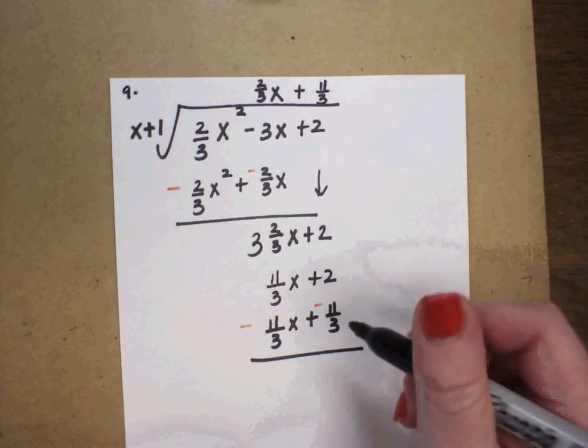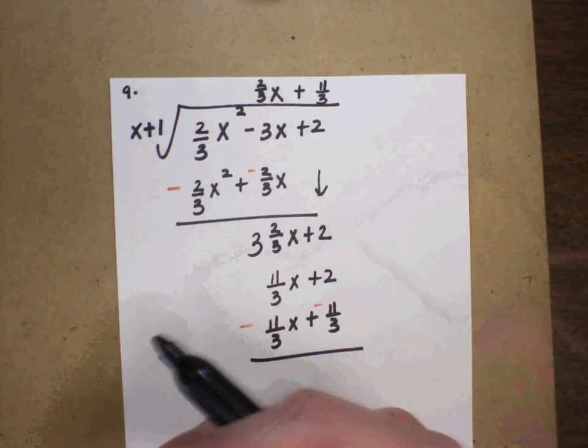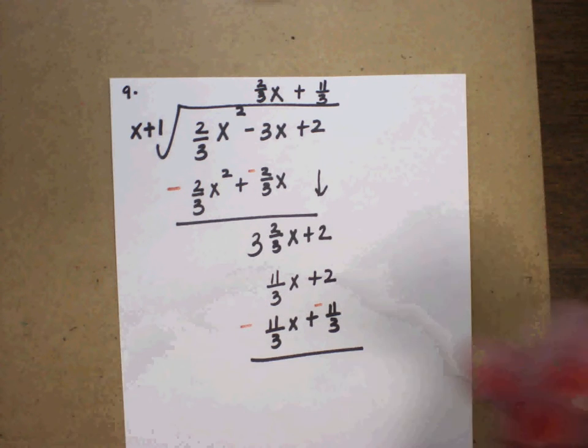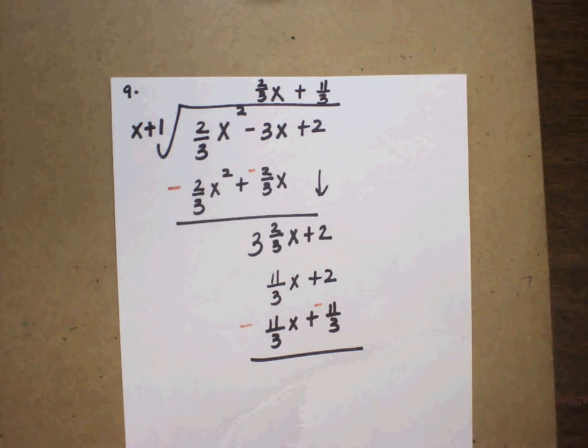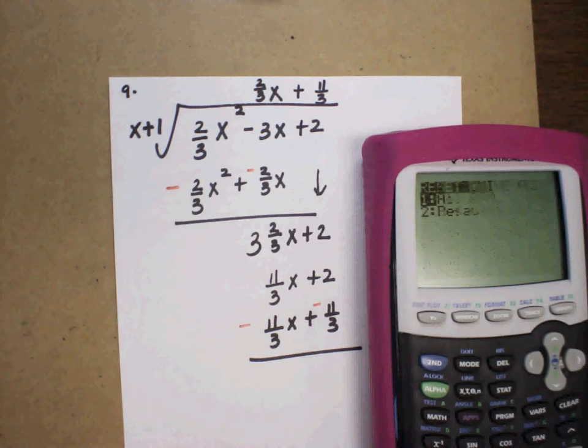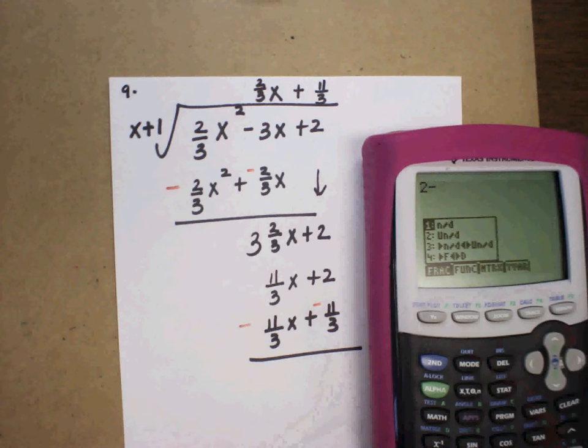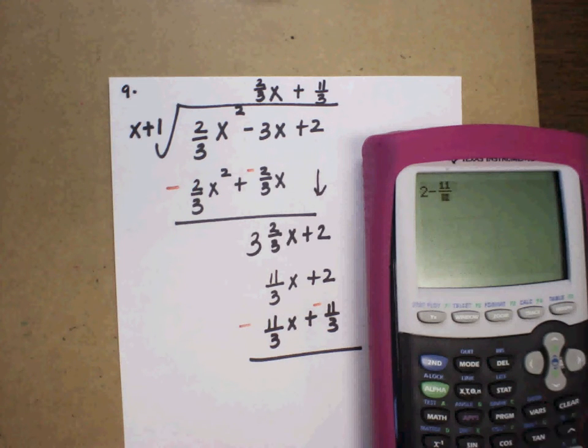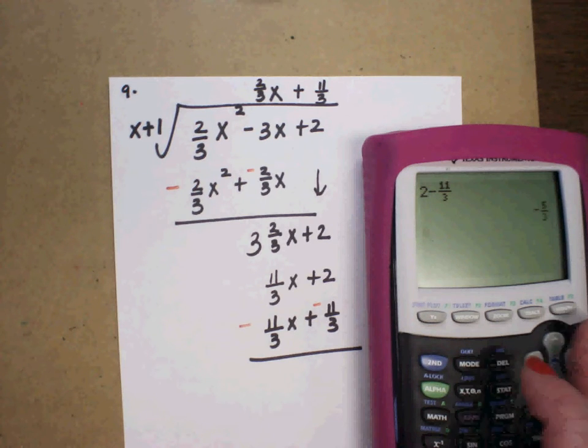So I would just write it like you see it. 2 minus 11/3, right? So write it just like you see it, guys. 2 minus 11/3, right? Negative 5/3.